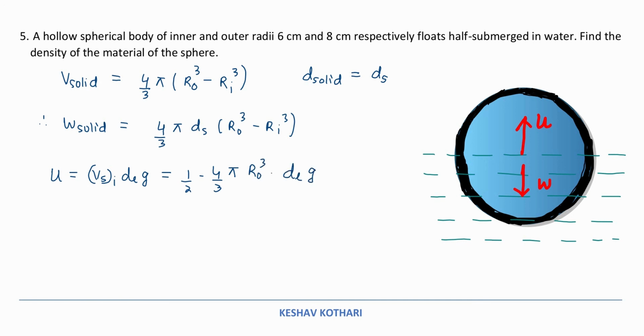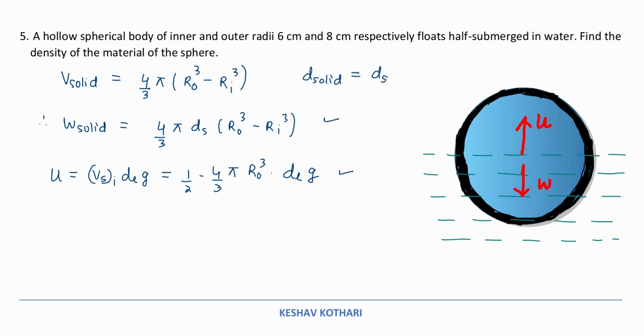So this is how we write this particular equation. That is, the value of upthrust is the volume of solid immersed times the density of the liquid times g. And if it is in equilibrium, we can equate the weight of the solid part and the upthrust.